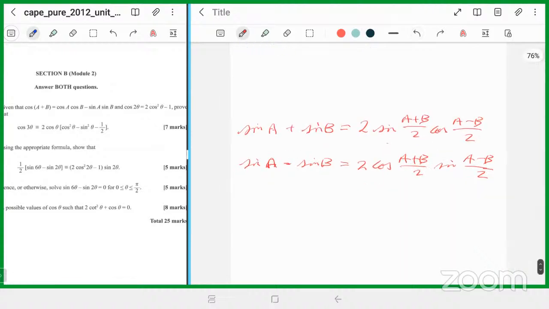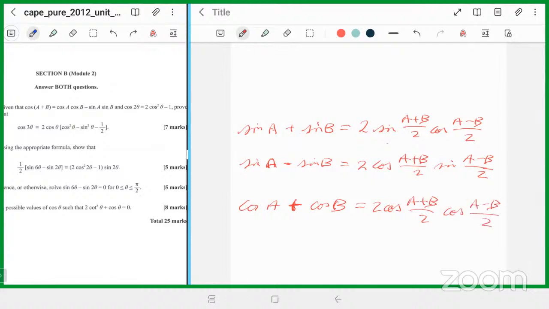Then we have the sum of two cos now, like cos A plus cos B. Now the sum of two cos is cos cos. So it becomes twice the cos of half the sum times the cos of half the difference.